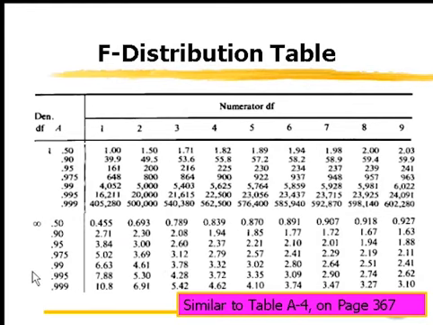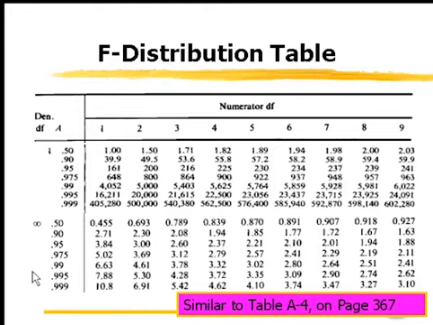Okay, let's pick up where we left off. This table is similar to the one that you have on page 367 of the textbook, but there's a couple of things that I'd like to point out. It's sometimes easier for people to look at the numbers and make sense of it than to look at a graph or that type of figure. So let's look at the F distribution table here.